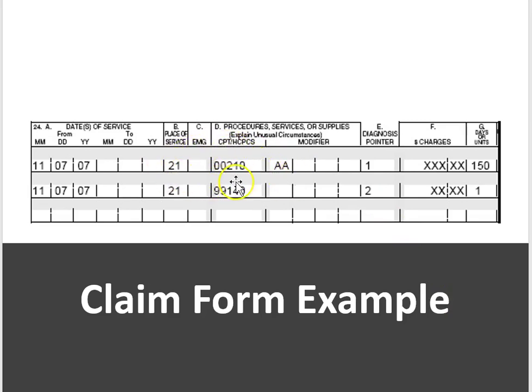So here is our anesthesia code, and we know that AA means that this anesthesia service was reported directly by the anesthesiologist. But then we have our add-on code on the second line item, 99140. This lets us know that this was an emergency situation.